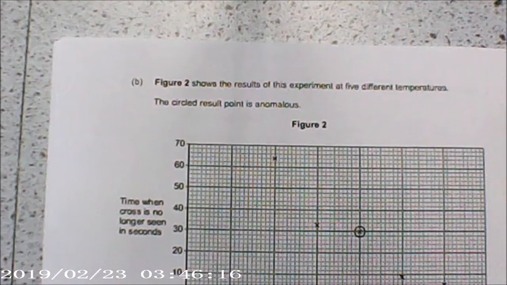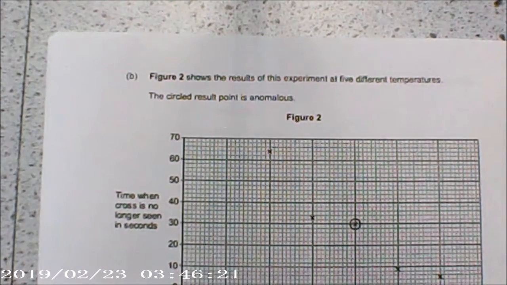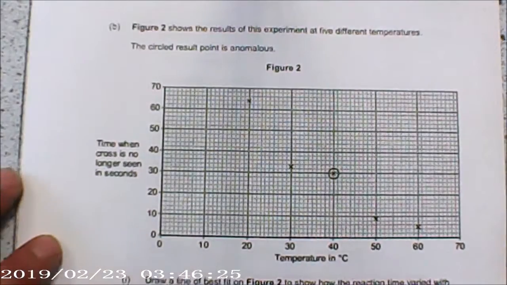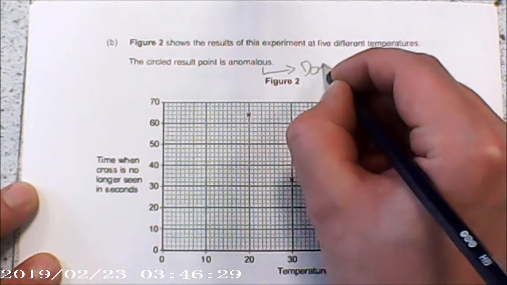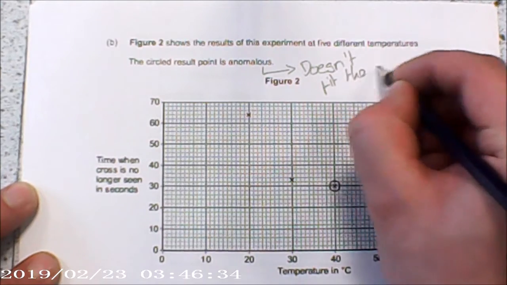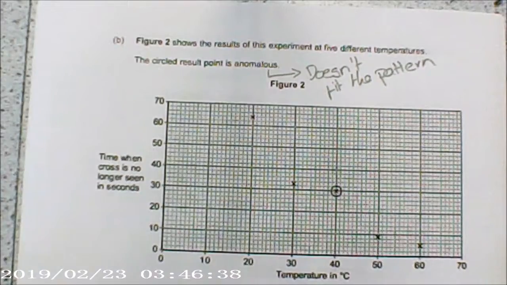So next question, B. Figure 2 shows the results of this experiment at 5 different temperatures. The circled result point is anomalous. That means, we need to know this, it doesn't fit the pattern. So if it asks you what is an anomaly or an anomalous result, it's one that doesn't fit the pattern.